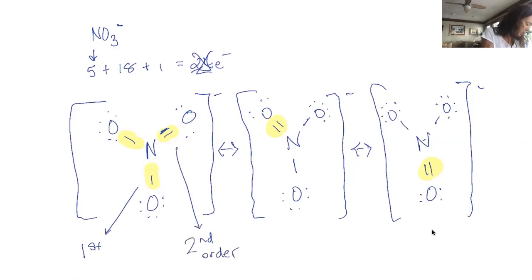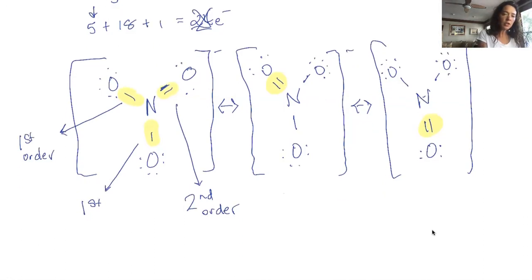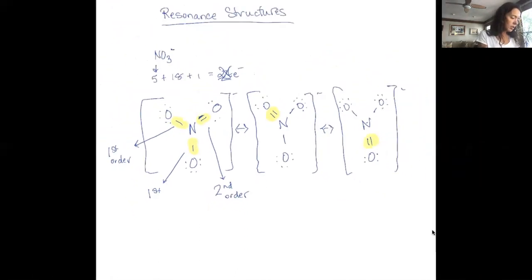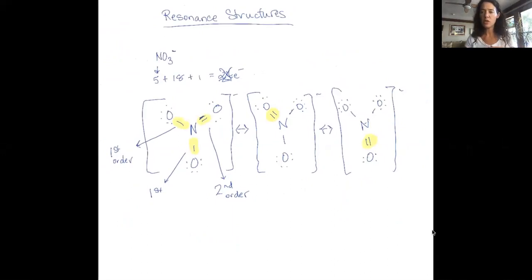And this would be a first order. And we could continue that through each of the other molecules. And we'd have the same, just the second order bond would be changing locations, okay?